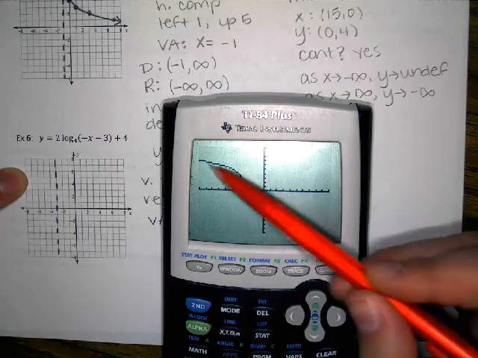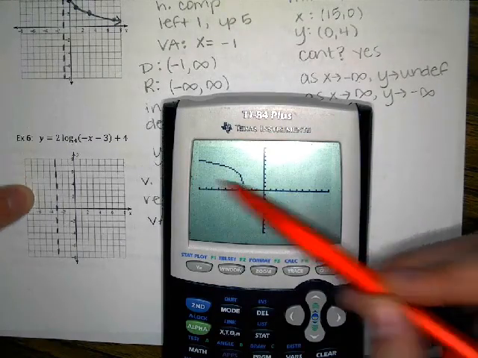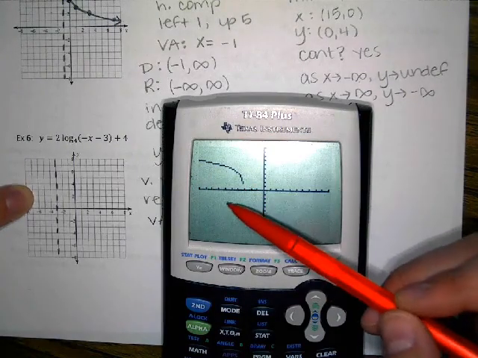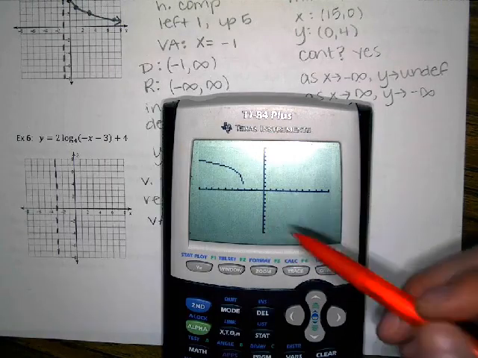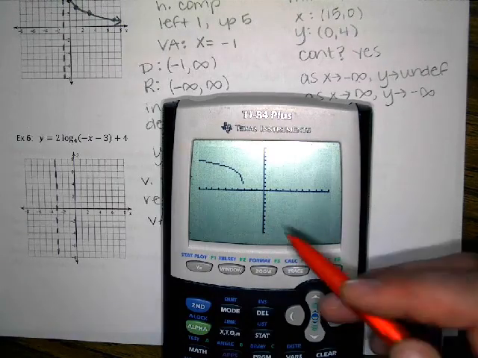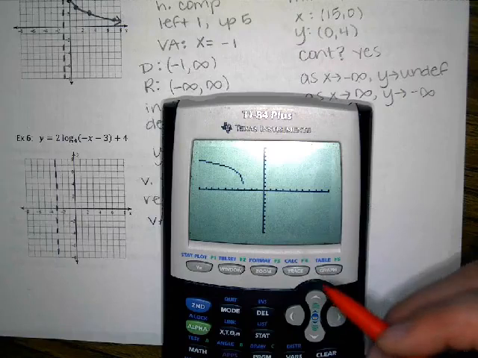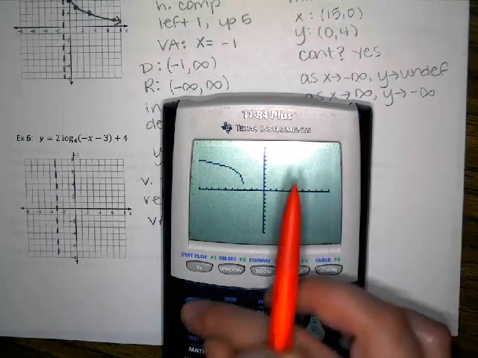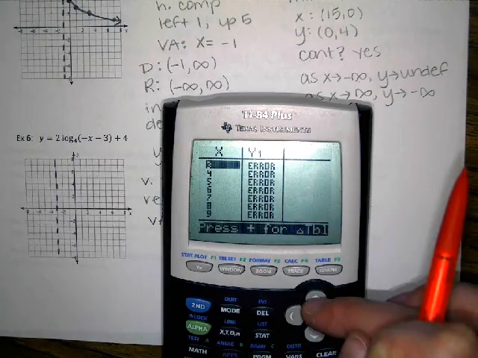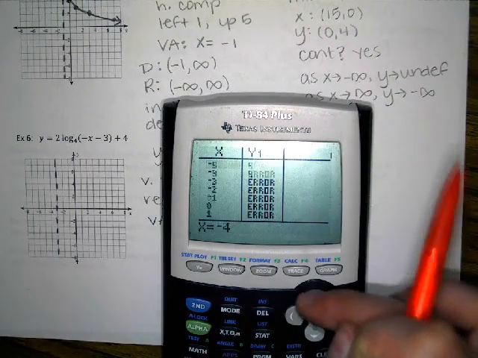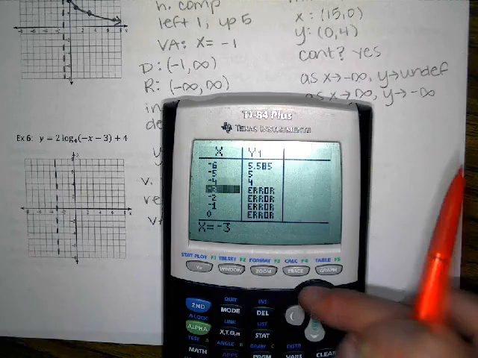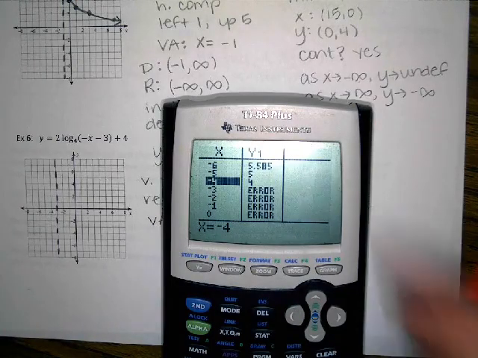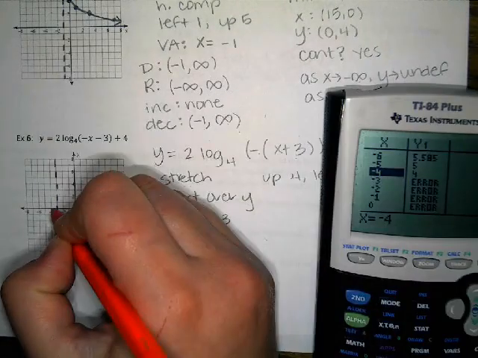In the table, I'm going to look for -3 because that's going to tell me where to start getting my points. So there's the asymptote. -4, -4, -5, -5. -7, -6.